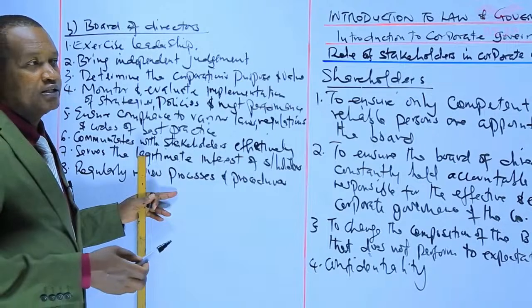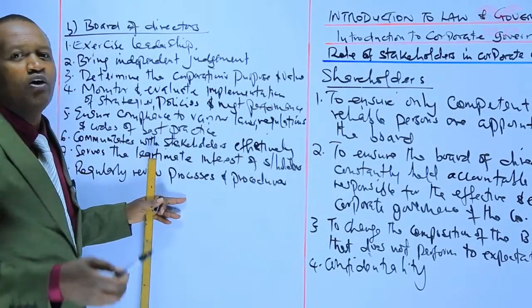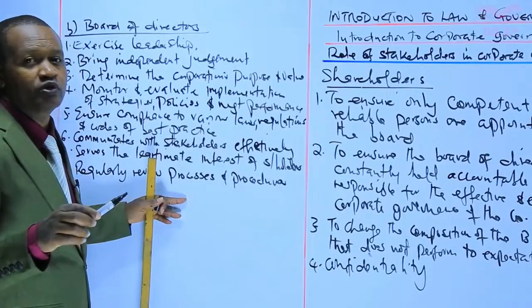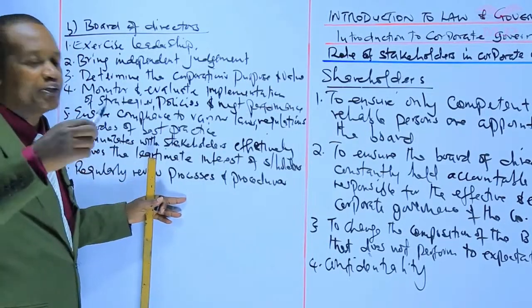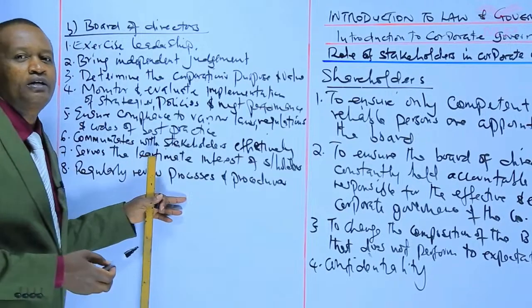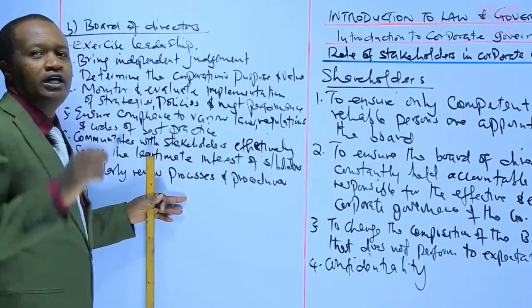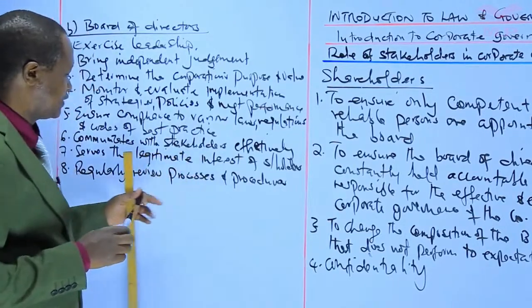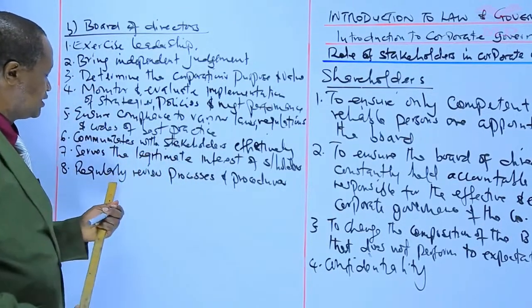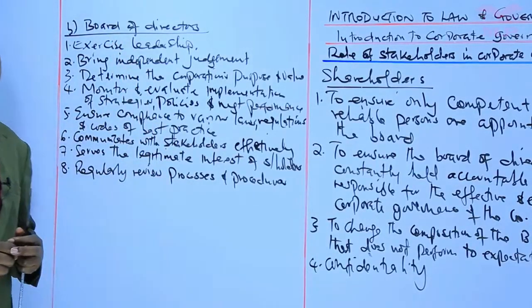So that the board can ensure effectiveness of its internal systems of control, so that decision-making capability and the accuracy of its reporting and financial results are maintained at a high level at all times. So the processes and procedures of the company ought to be regularly reviewed by the board of directors.